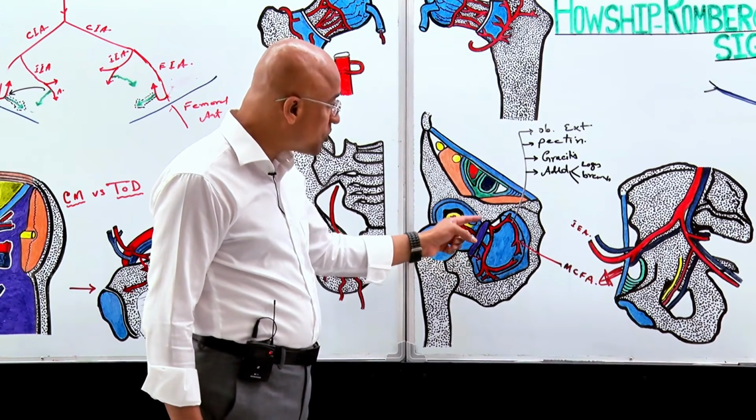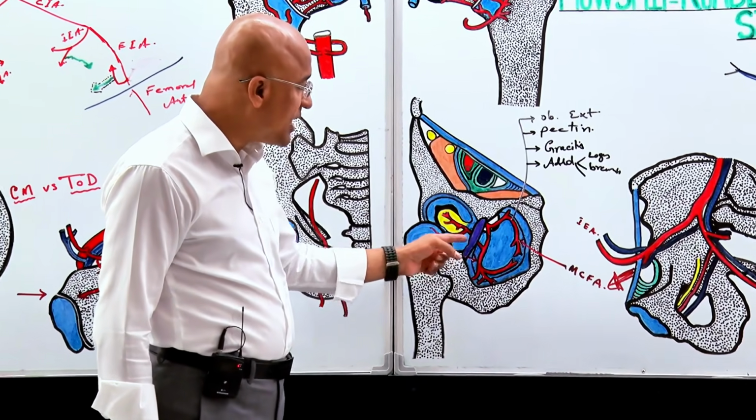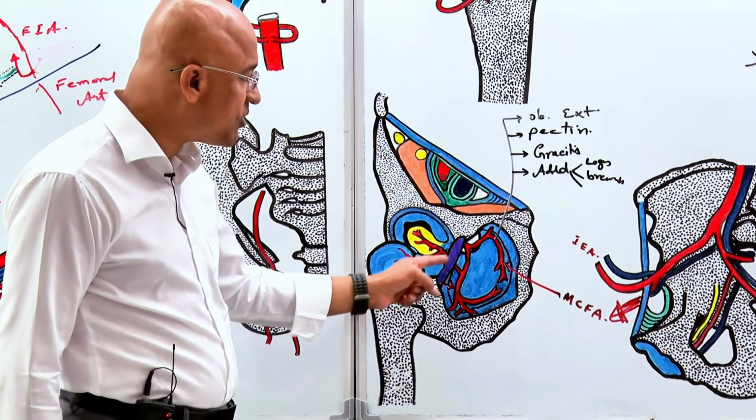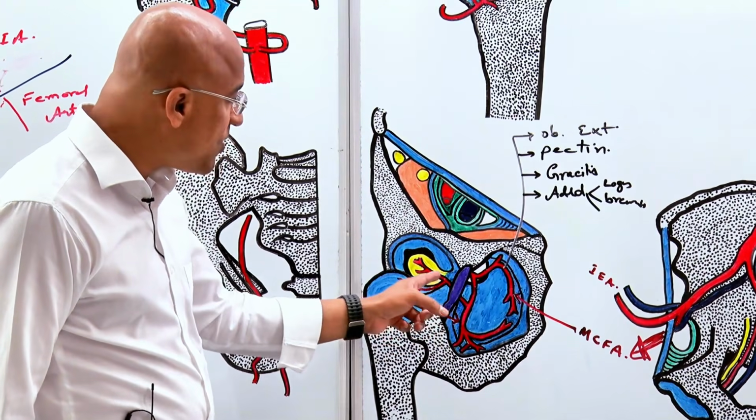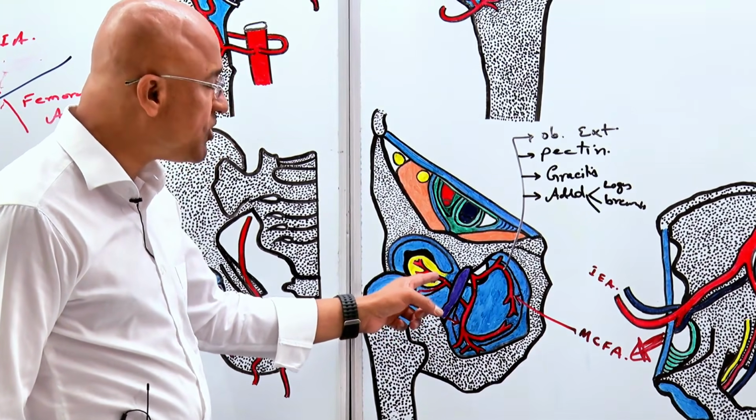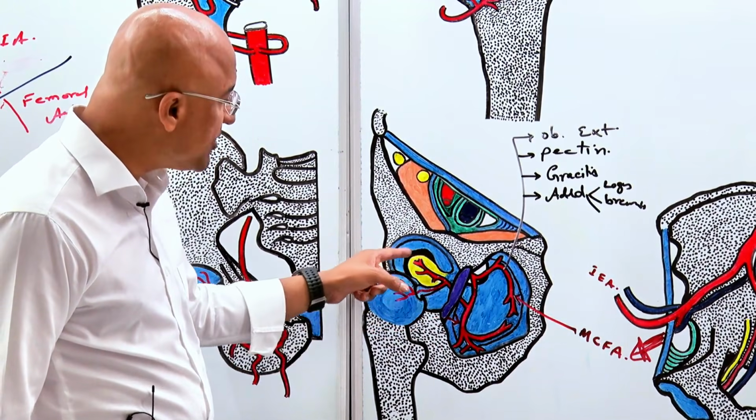It goes through the acetabular notch under the acetabular transverse ligament, and then it goes into the acetabular fossa. It supplies there.